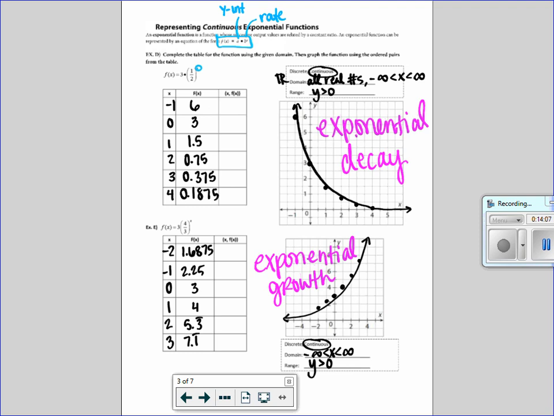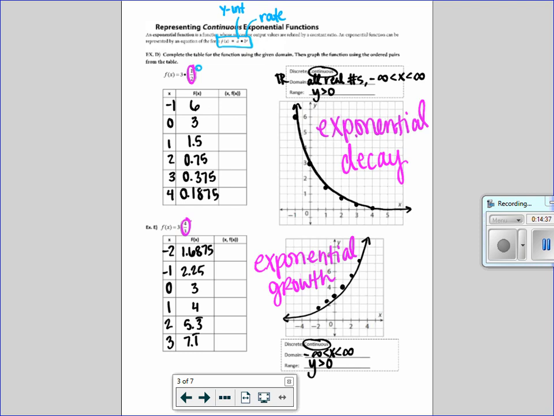Now, anyone want to have a guess of what affects the growth or decay? There is a number that affects it. That number that has the parentheses. What is going to make it decay and what is going to make it grow? Yes.